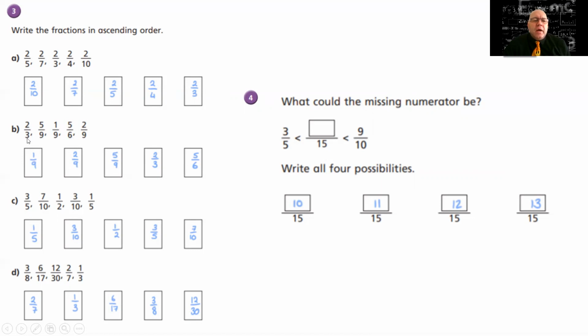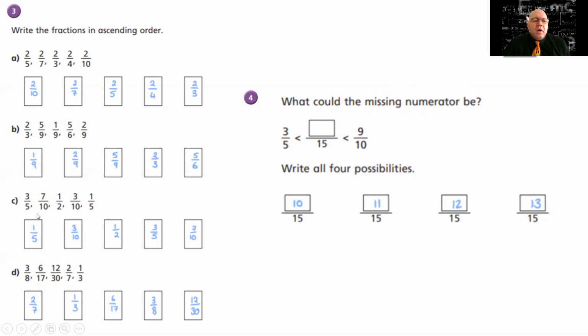In this case, if we convert all the denominators, probably to 18, because 6 won't go into 9. So I might go to 18 and convert them all. And then once you've converted them back again, there's your sequence: 1/9, 2/9, 5/9, 2/3, and 5/6.